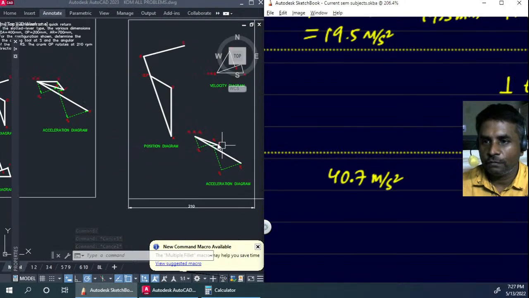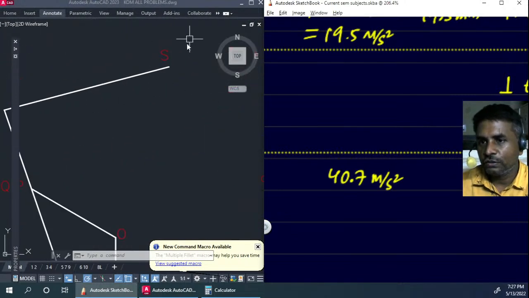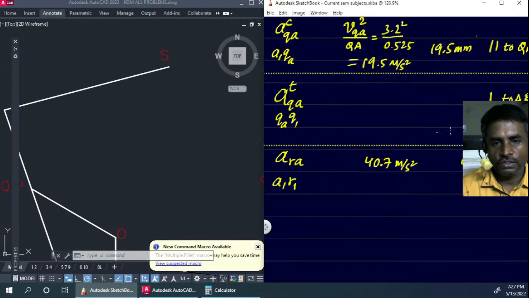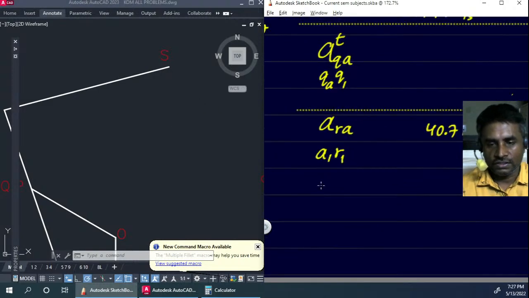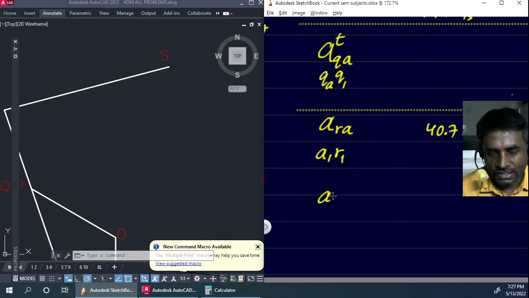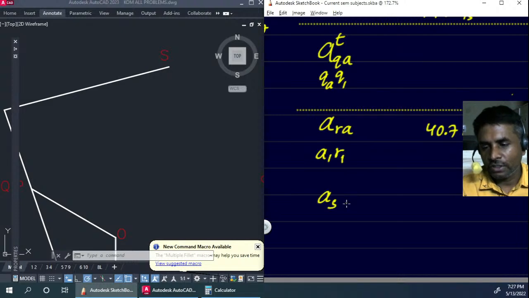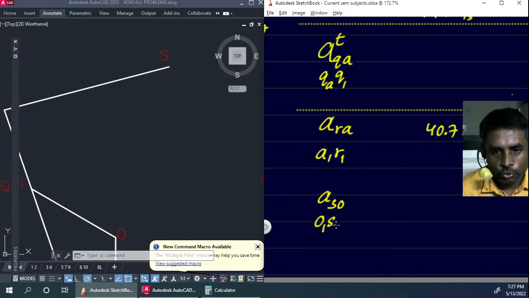So we still have to find the acceleration of the slider. And since we know that the slider is moving in the horizontal direction with respect to the fixed points, we'll just have to draw a horizontal line. So that is the acceleration of the slider. With respect to the fixed points, we can take any of the points O, A, or G. So I'm going to write it like this, and the vector notation is going to be from O1 to S1.